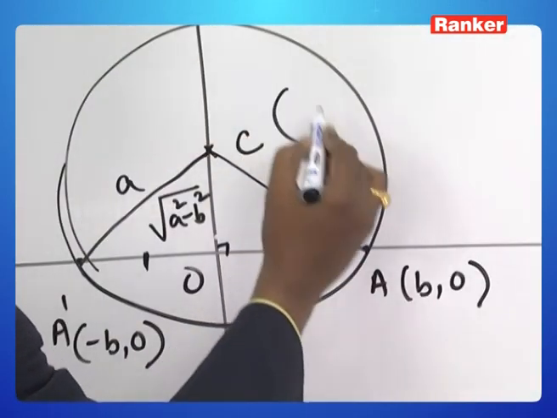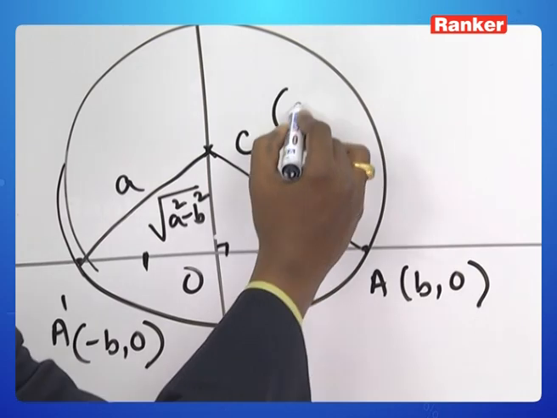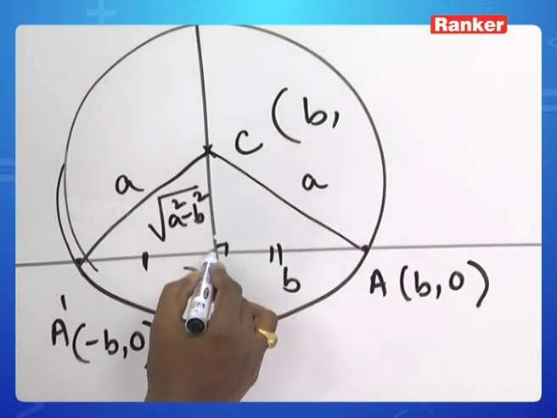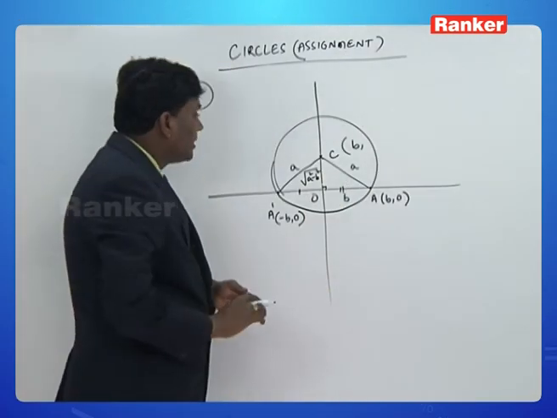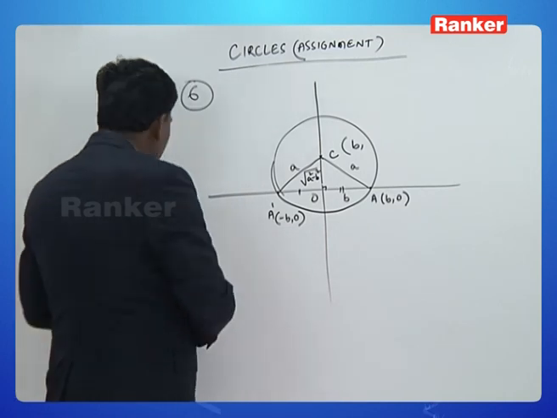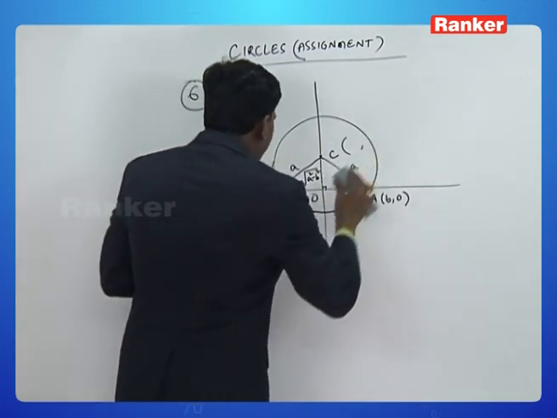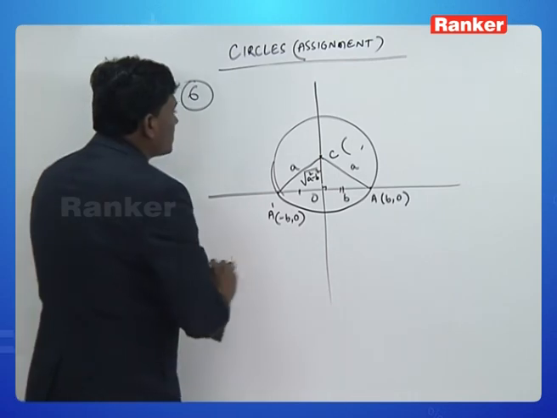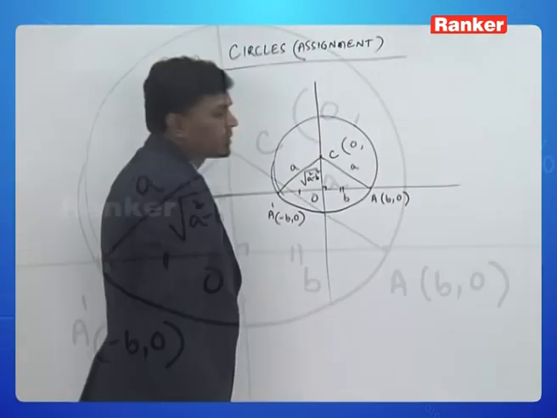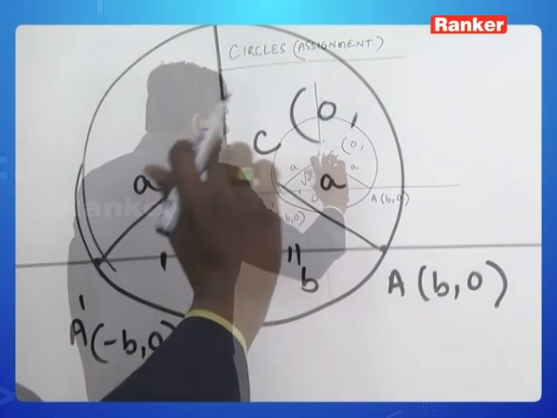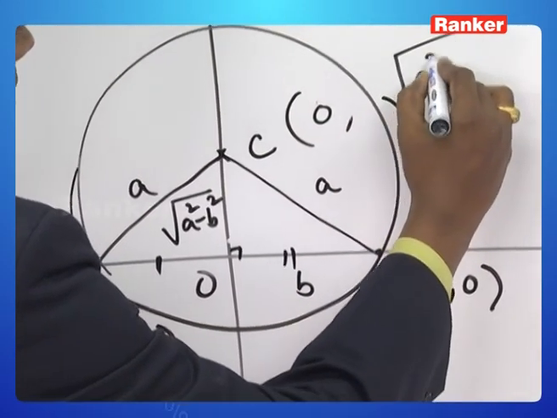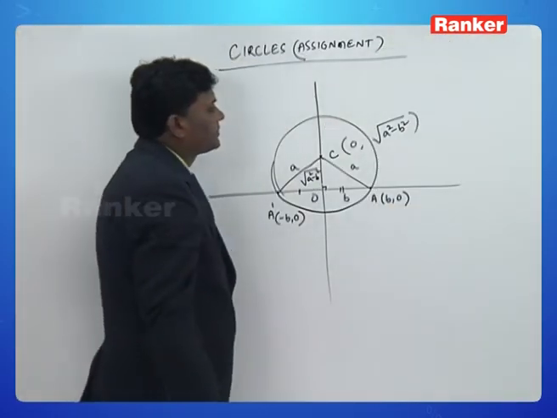That's why the center coordinates will become: the abscissa is clearly 0, because the point is lying on the y-axis, and the ordinate is root of a square minus b square.